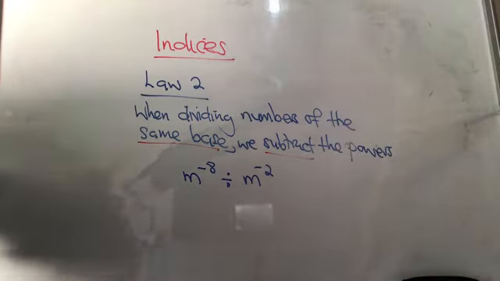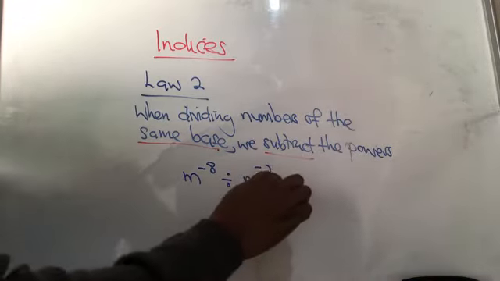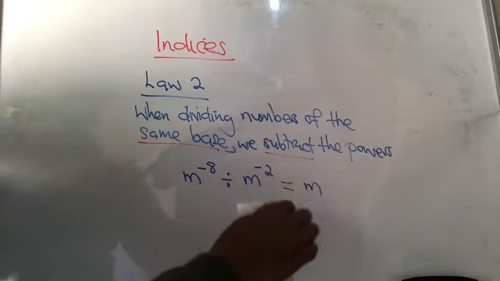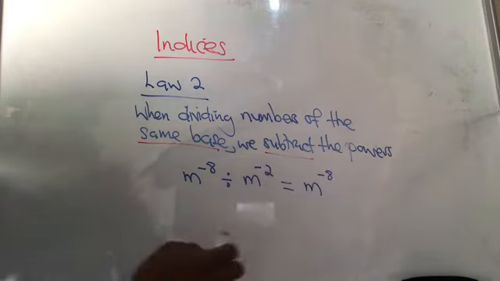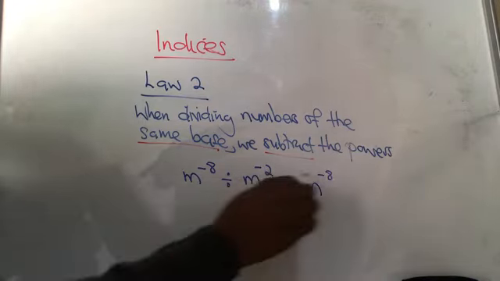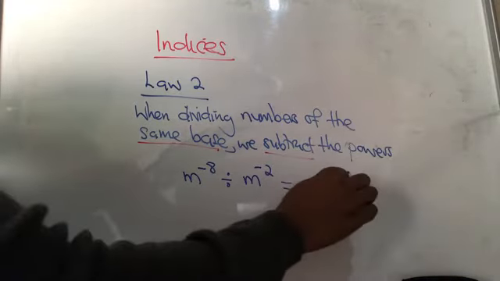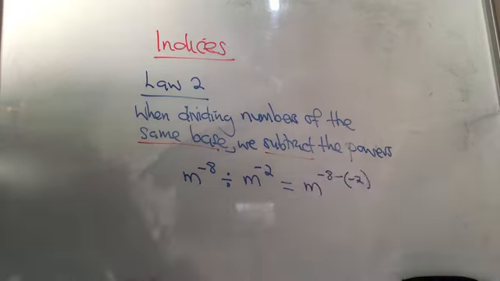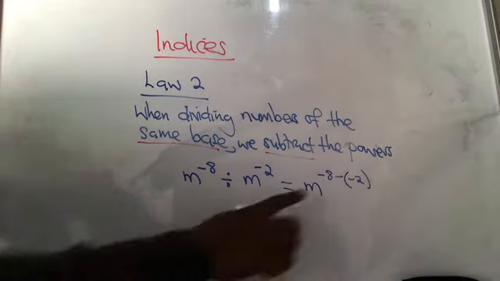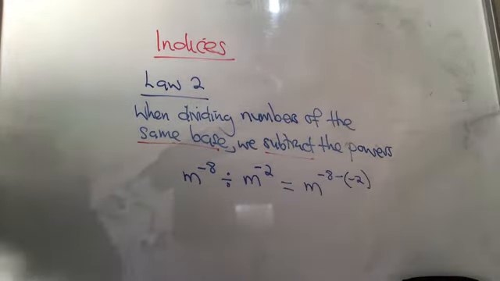By applying law number 2, we simply write m, then we say minus 8, because there's a minus that I should write here, which is a fixed minus. Then there's also a minus 2 here. So we are now checking the negative numbers. I'm sure you can agree with me that when a negative and a negative collide, they form a plus.